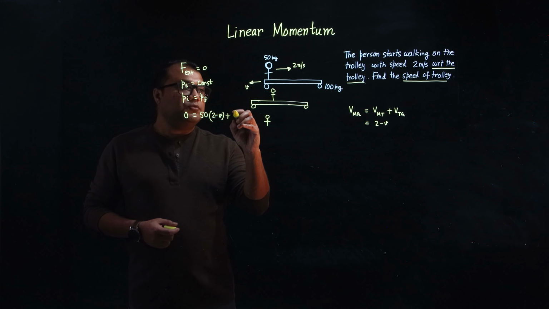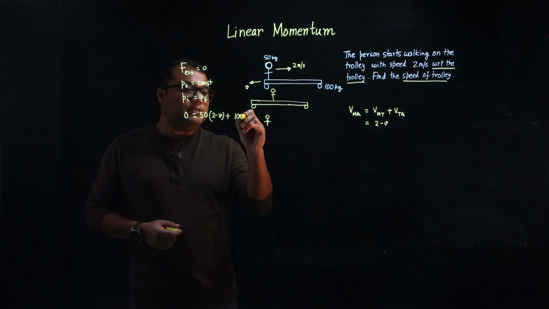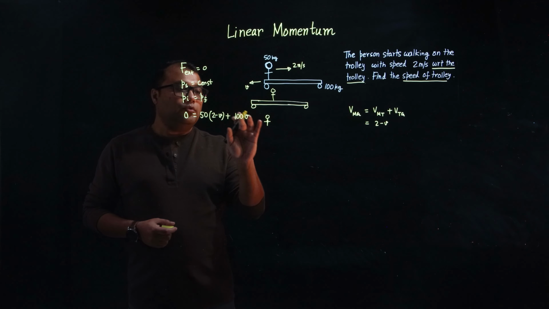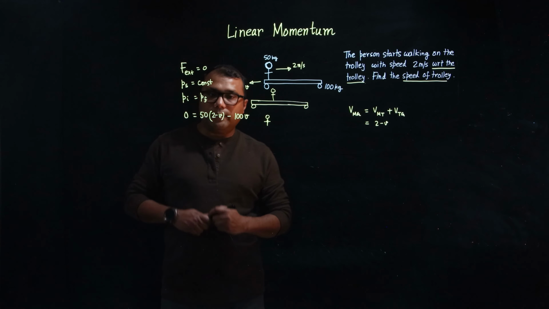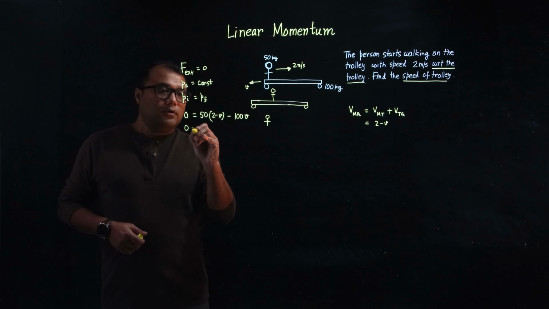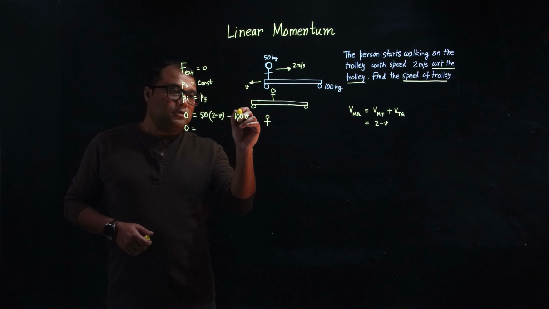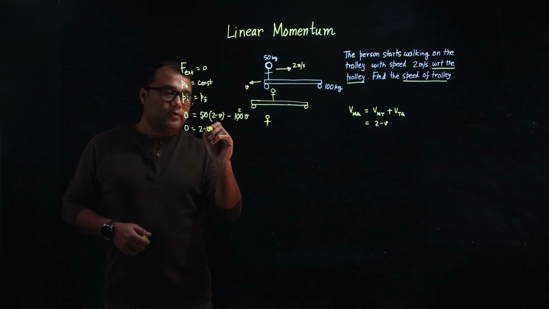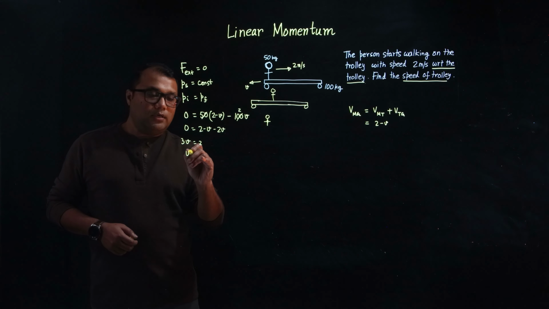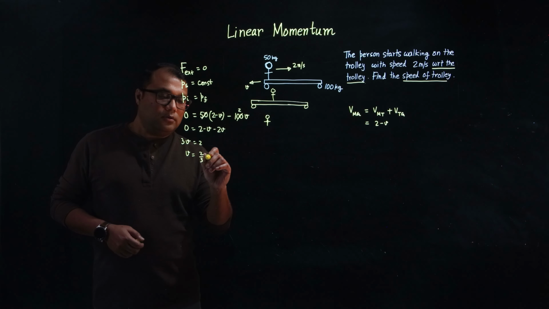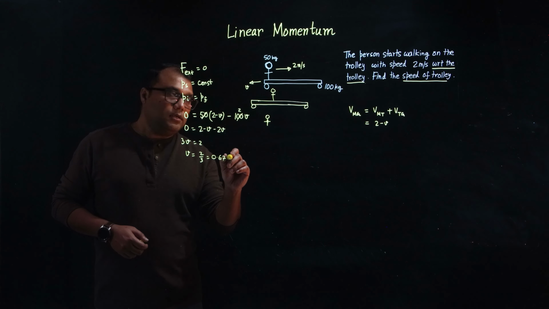The trolley is moving back, it is 100 kg, it is moving back with respect to ground with velocity v, so this must be minus. Then we can cancel this and make it 2. So 2 minus v minus 2v, or 3v is equal to 2, or v is equal to 2 by 3, or 0.67, the units are meter per second.